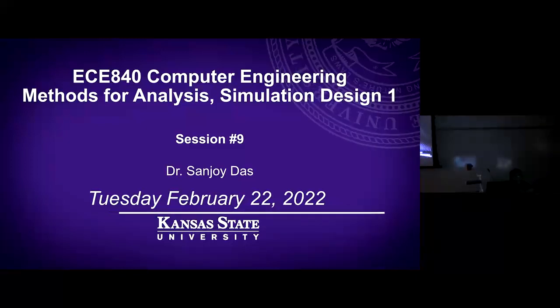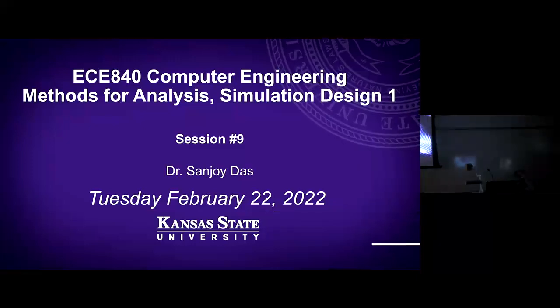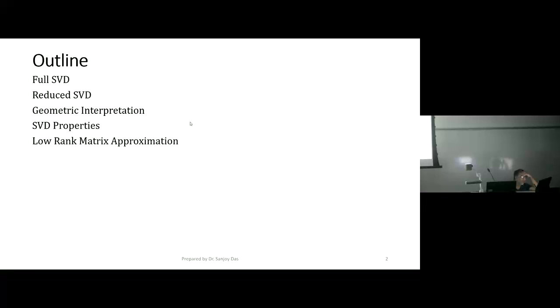Okay, so today we will begin with singular value decomposition, or SVD. Outline: full SVD, then we'll do reduced SVD, geometric interpretation of SVD. Then we'll look at some properties of SVD, low rank matrix approximation.